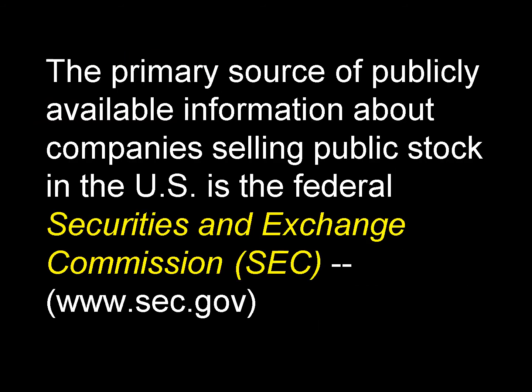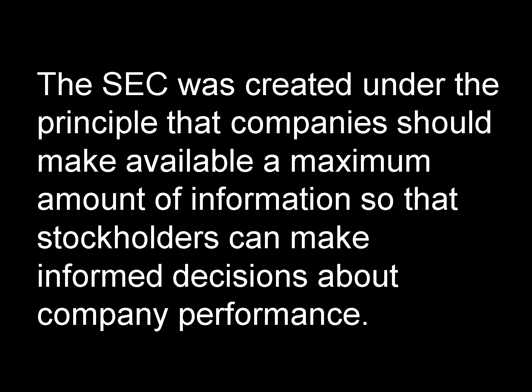So this is really the primary source, the mother lode of public information about companies that sell public stock in the U.S. The Securities and Exchange Commission, www.sec.gov. Now, one reason the SEC was created was to provide oversight over Wall Street, to make sure there's no insider trading or other funny business going on.